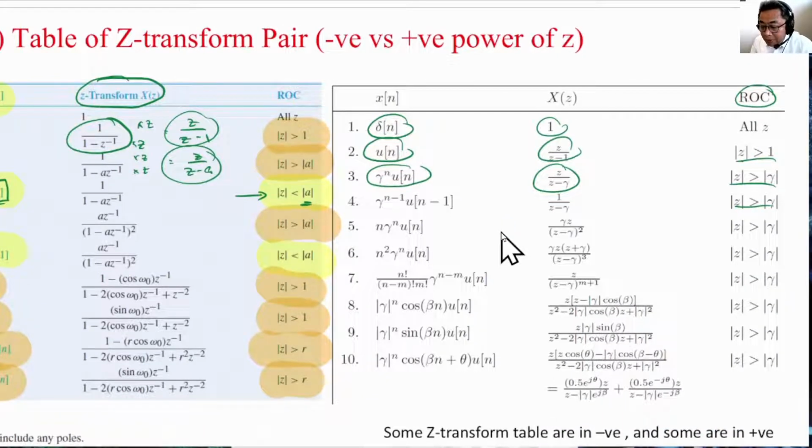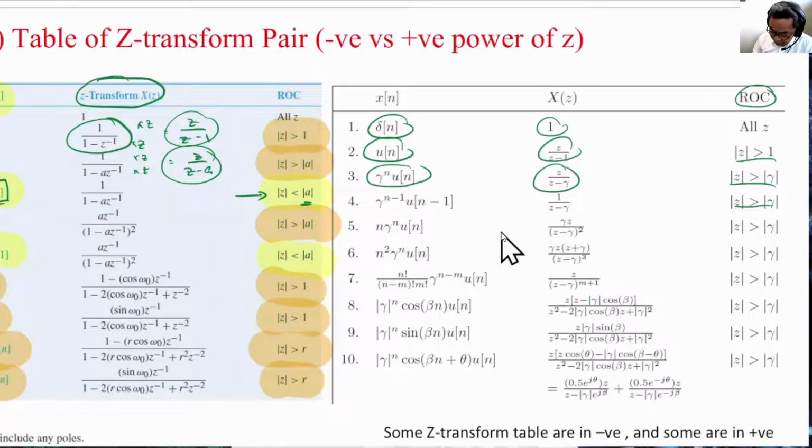We don't expect you to memorize the whole Z-transform table. You'll be given a table if necessary, or you'll be asked to derive it if that is the exam question, or quiz question, or lab question.